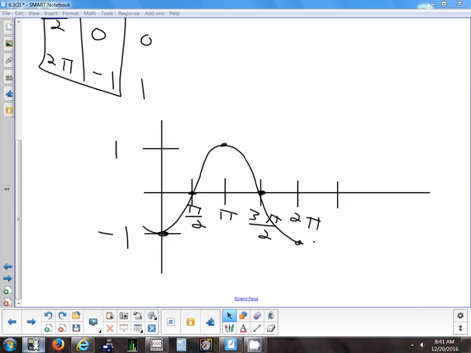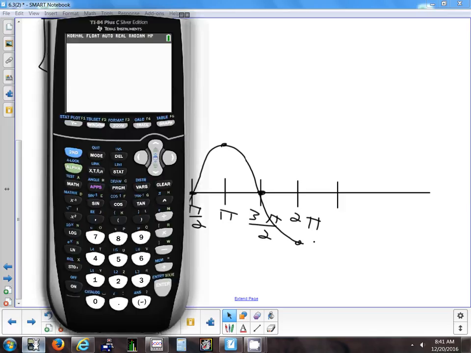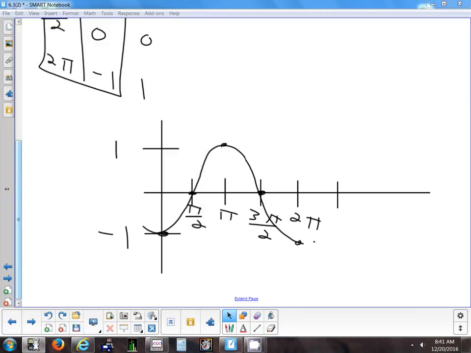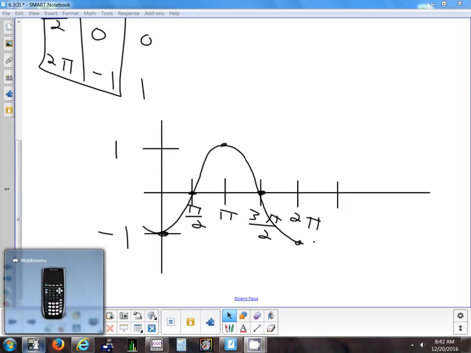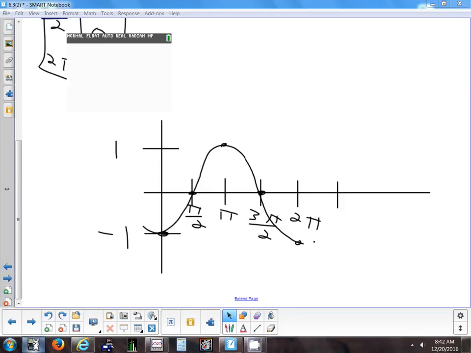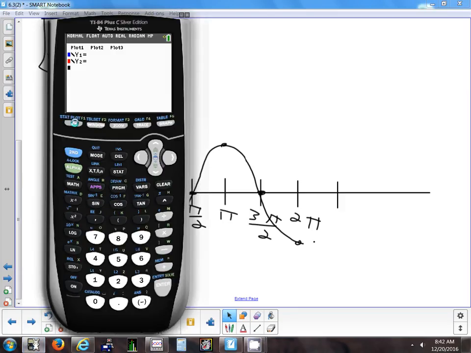So pi to the which way? Pi to the left. Could you shift it pi to the left? Yeah, I think you would have to shift it to the right by pi. So if we were to graph, let's graph what I have, negative cosine x.